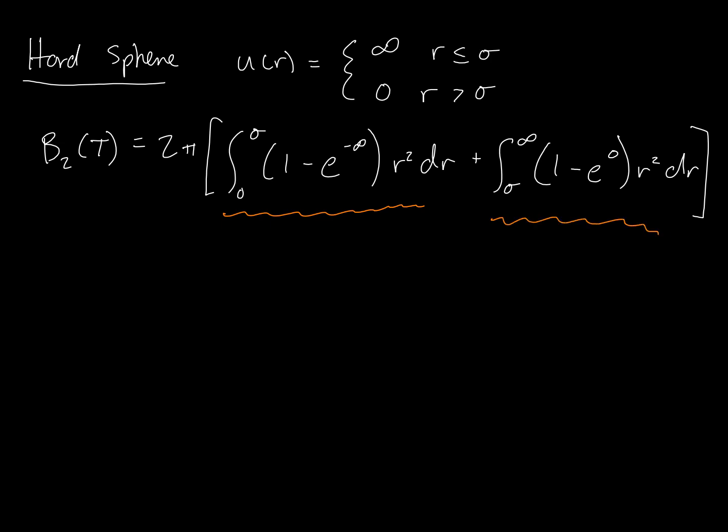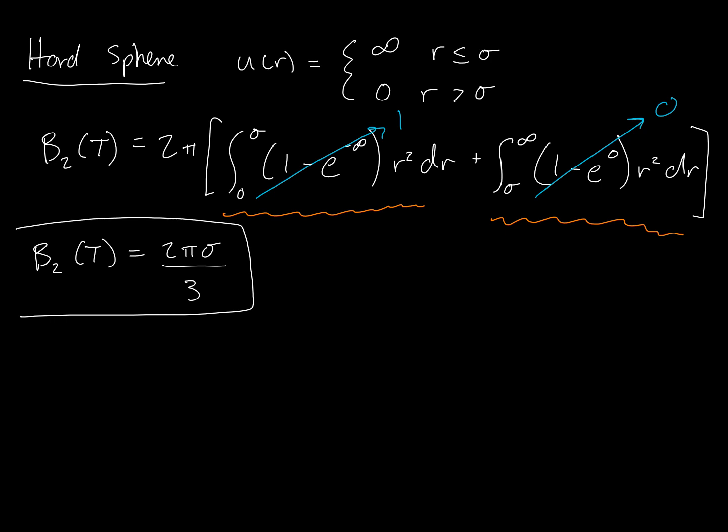And the second one is going from sigma to infinity, where you get e to the 0. So this whole term here goes to 0, and this whole term here goes to 1. So if we crunch the numbers, we get an expression for our second virial coefficient for a hard sphere fluid.